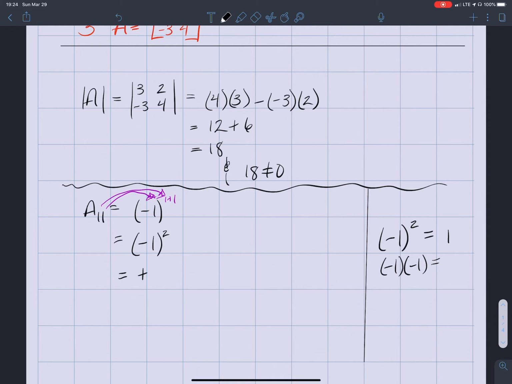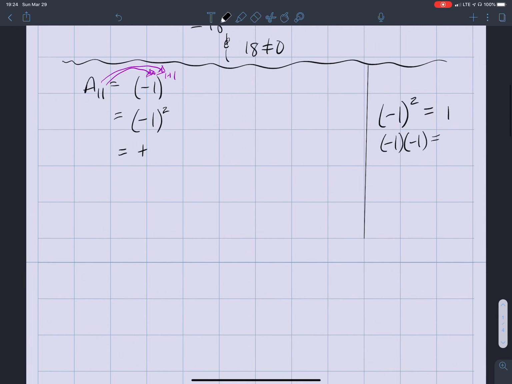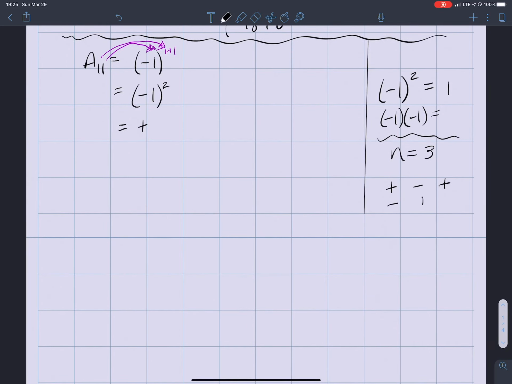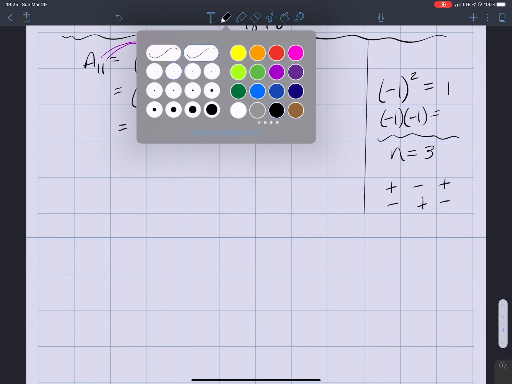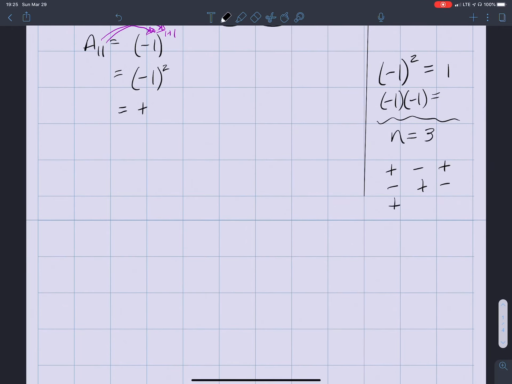If we recall from the determinants, I'm going to put this on the side: for n equals 3, say we have a 3 by 3, we have the entries of the determinant being, and you might remember this from the cross product, even in Calc 3, where you'd have to use something like this. The determinant ended up being this pattern where we have this.